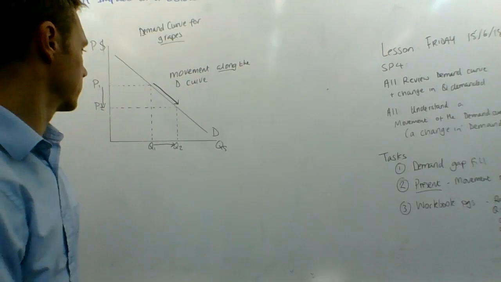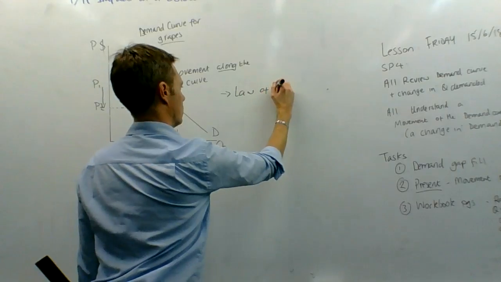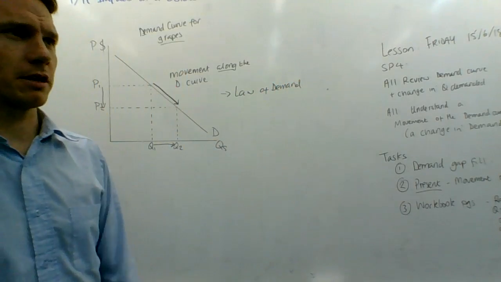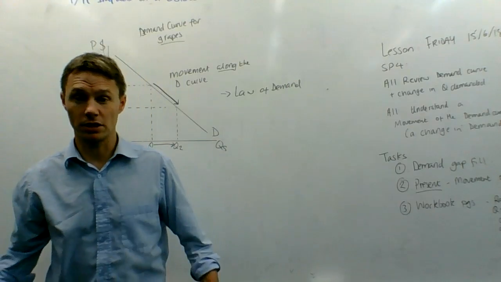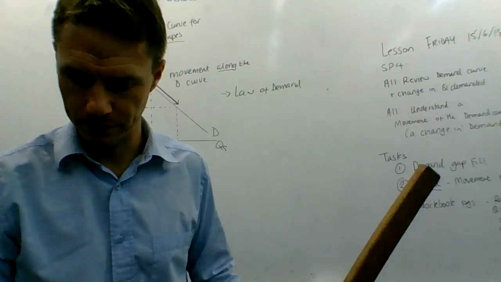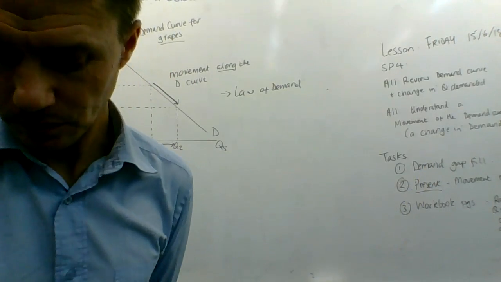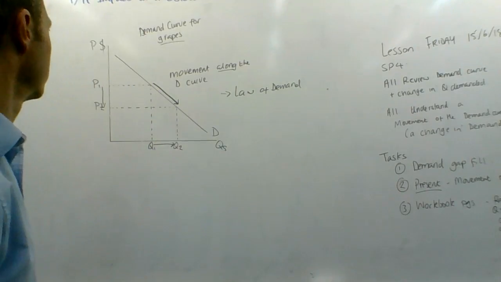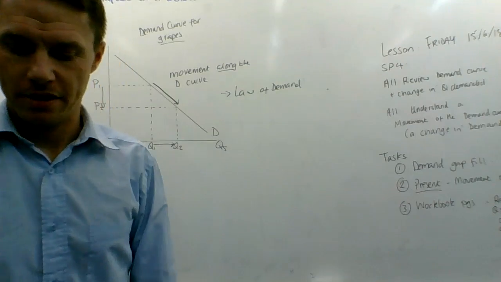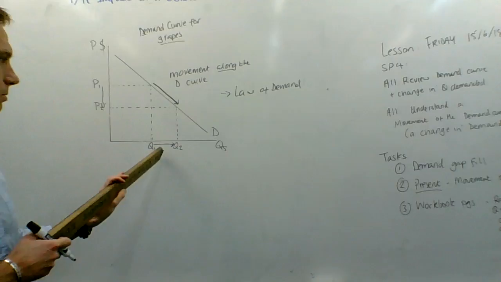This is what we refer to as our law of demand. Remember the law of demand: as price goes up, quantity demanded goes down, and vice versa, ceteris paribus. Remember, all things being equal. Just as a reminder, this is our movement along the curve, looking at the relationship between price and quantity.